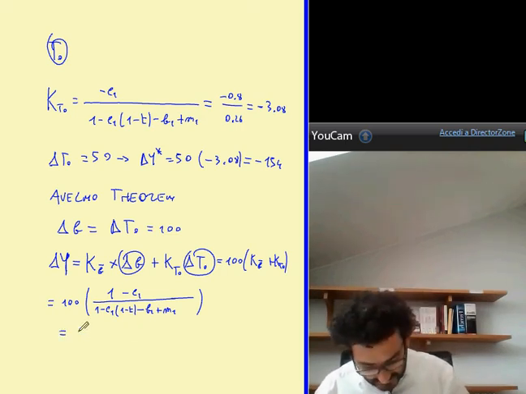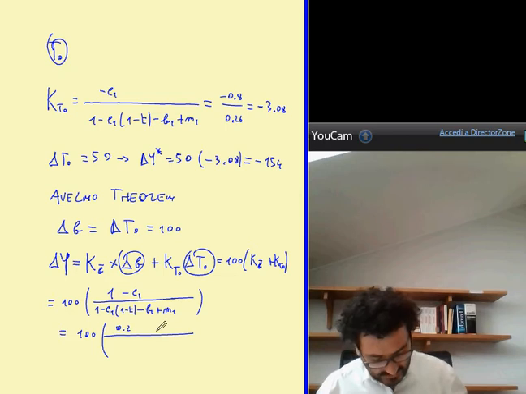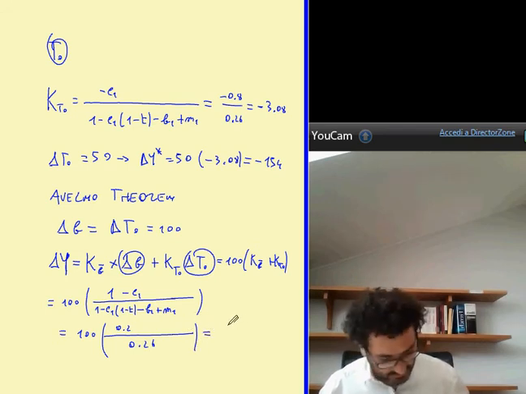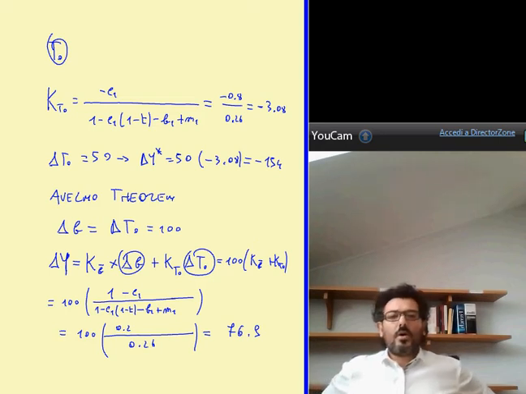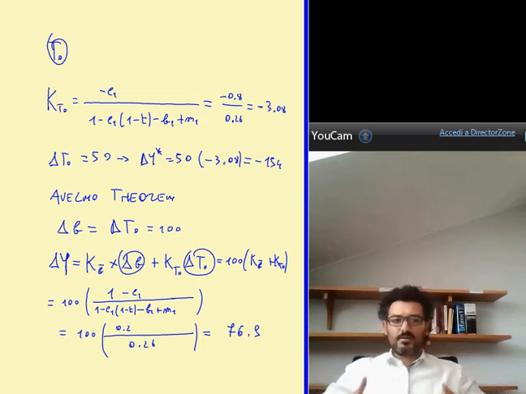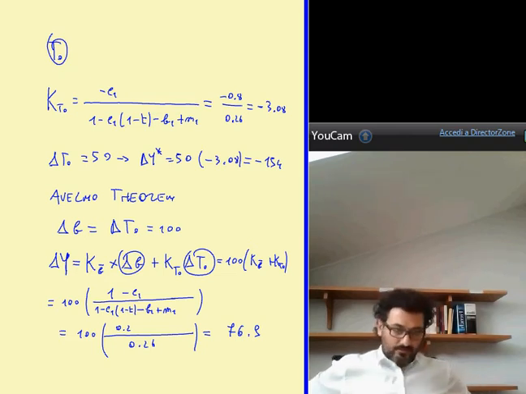So the final result is 100, which multiplies 0.2, which is 1 minus 0.8. The denominator is again 0.26. So the final effect would be an increase in the level of income equal to 76.9. So in this case, increasing by the same amount both government expenditure and lump sum tax, we have an expansionary effect on GDP in equilibrium.